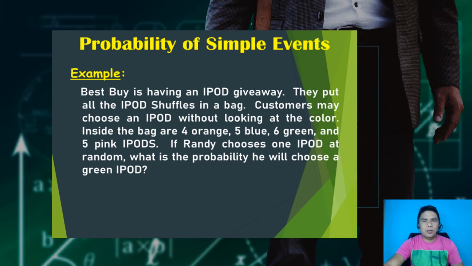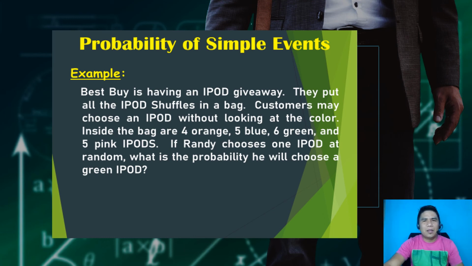Customers may choose an iPod without looking at the color. Inside the bag are 4 orange, 5 blue, 6 green, and 5 pink iPods. If one chooses one iPod at random, what is the probability that he or she will choose a green iPod?